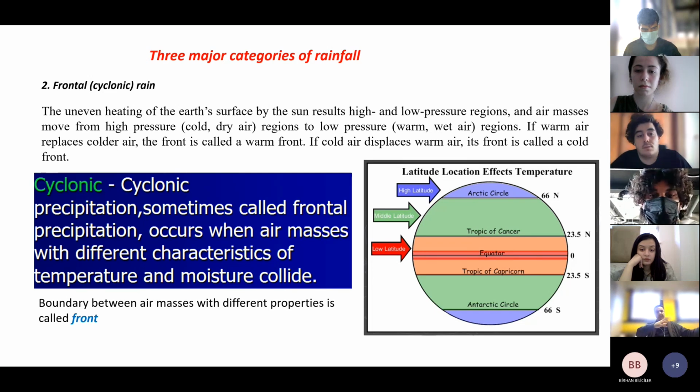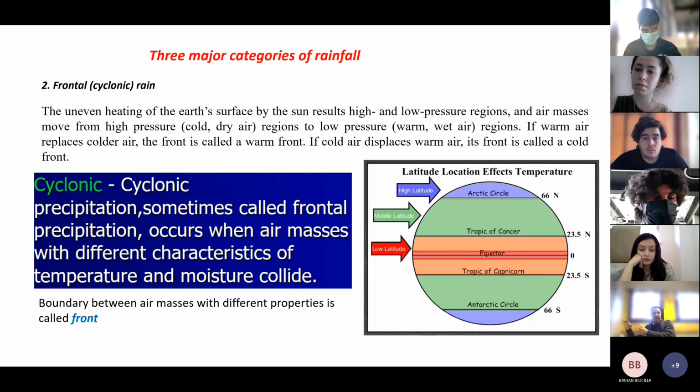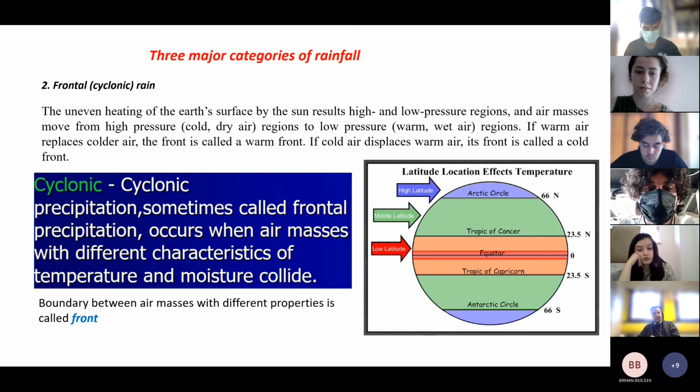We have warm air in some parts and cold air in other parts of the atmosphere, and there is a circulation between warm air and cold air. Due to this circulation, massive warm air will replace cold air, or sometimes cold air will replace warm air.